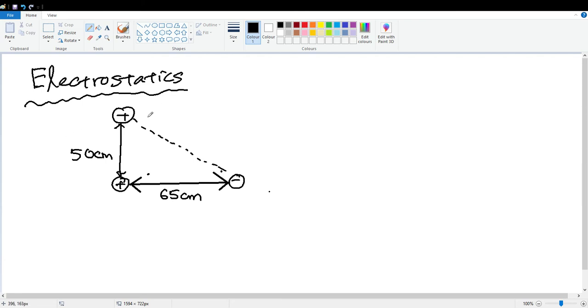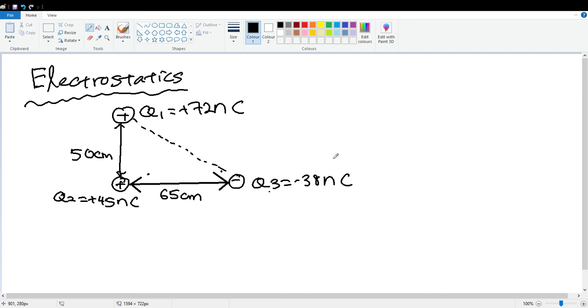So this is considered to be my Q1. My Q1 is plus 72 nano coulomb. The Q2 is this one, equal to positive 45 nano coulomb. My Q3 is negative 38 nano coulomb.